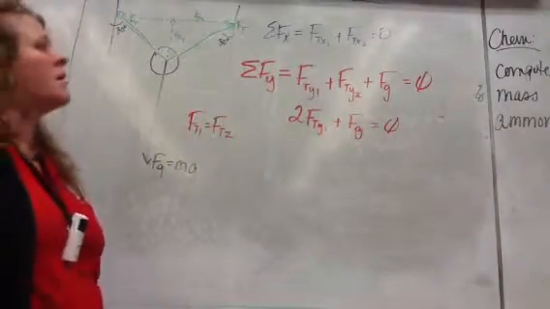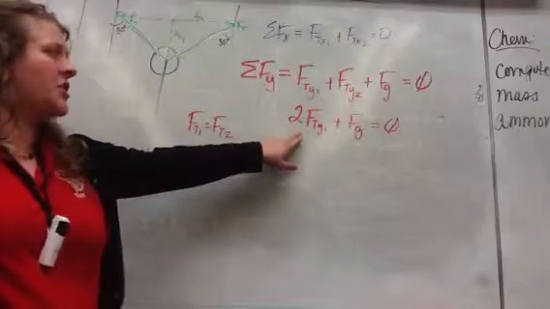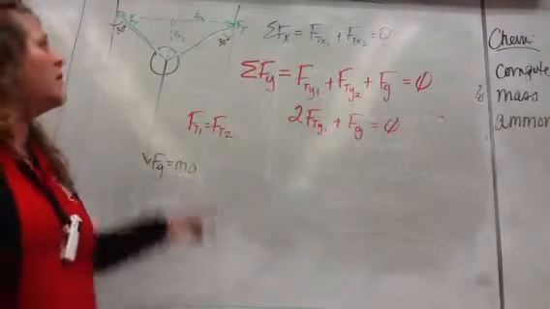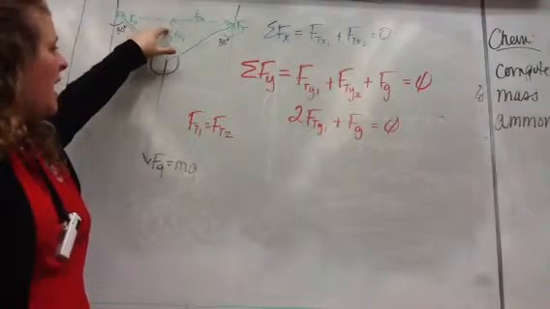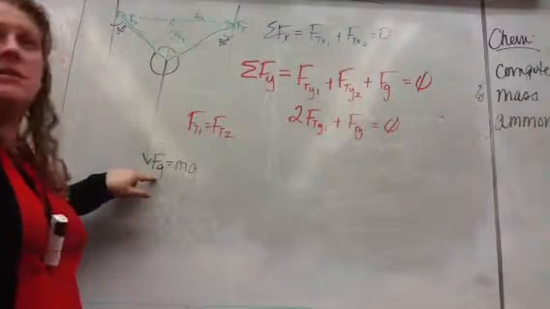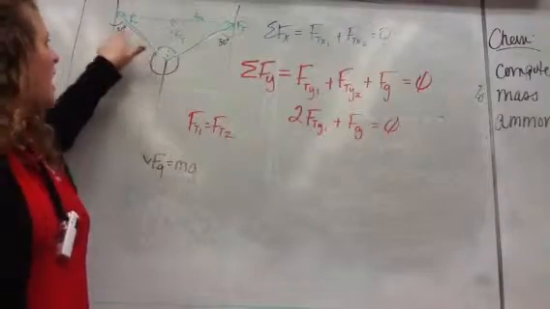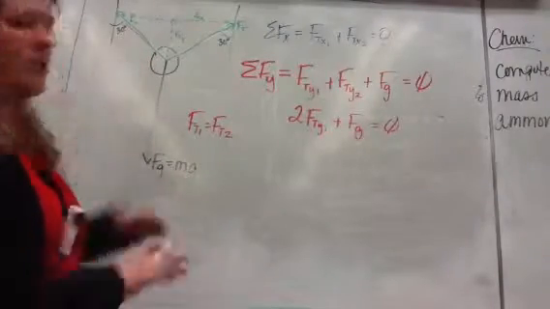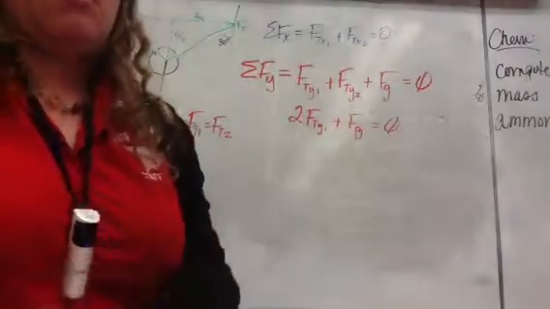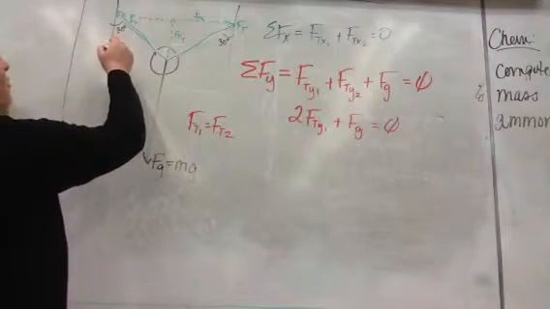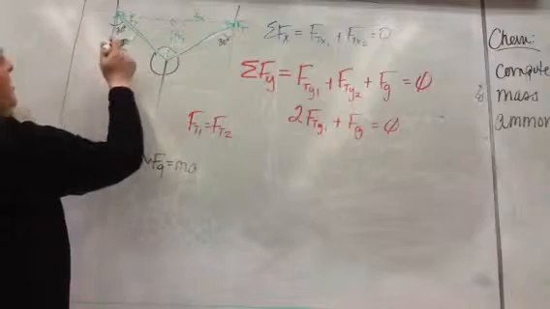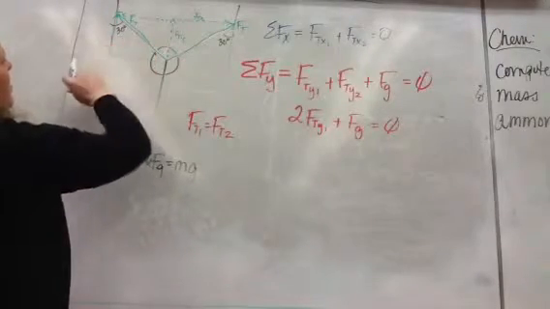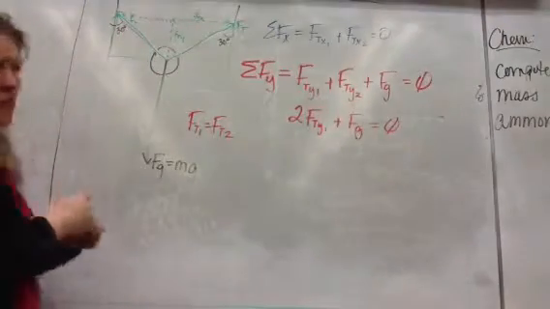Okay? Now we just need to create an expression for F of Ty. Well, if we look at this, we know that F of Ty has to be equal to this. And if this angle is 30, remember we can transpose vectors parallel to themselves. So this is cosine of 30.